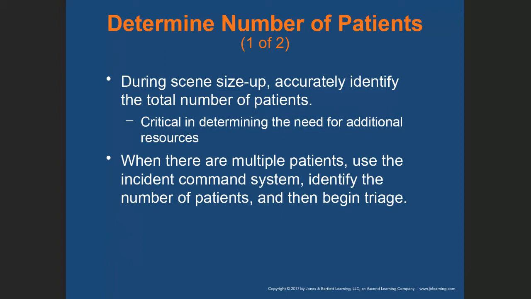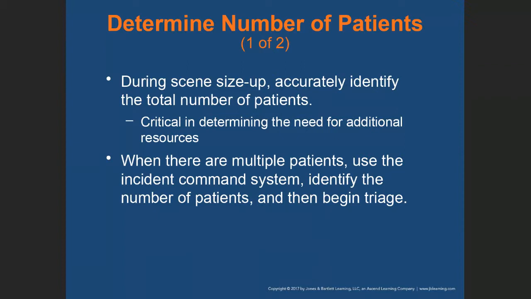If it is multiple patients, then you need to consider if you have patients that exceed what you can do. If you don't have the resources to deal with the situation, then it becomes a mass casualty situation.